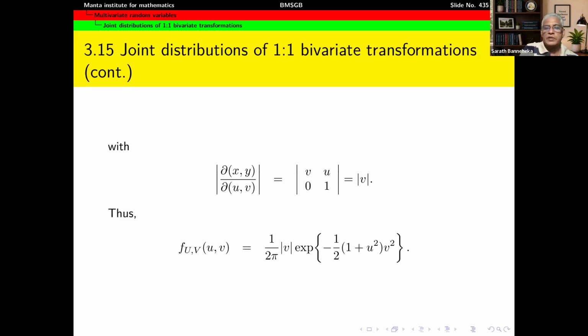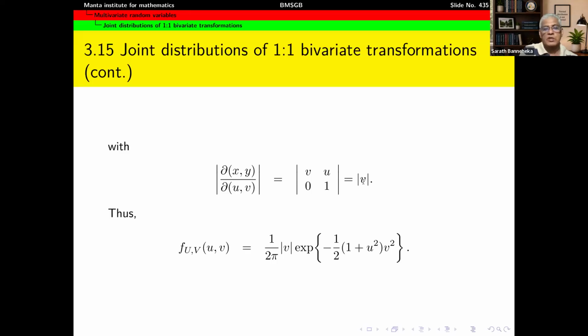And then the Jacobian, first of all, we have to find out the determinant. The absolute value of the determinant is going to be the absolute value of v here.